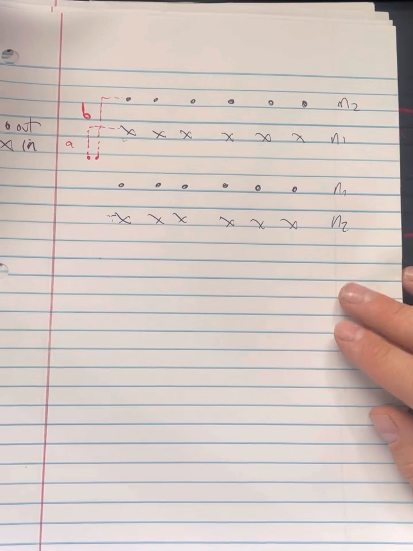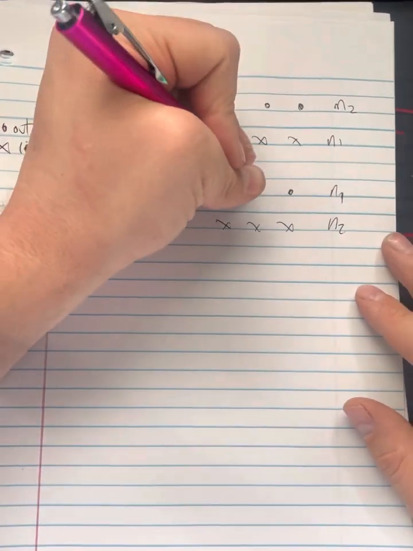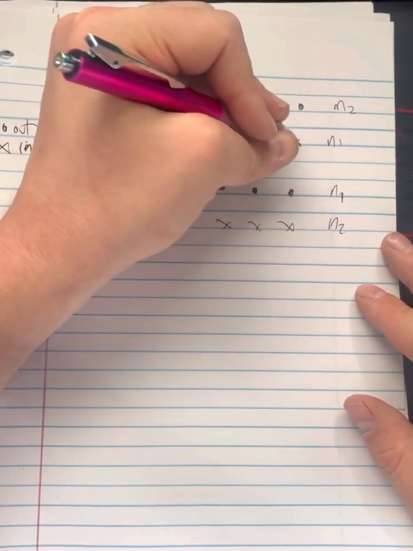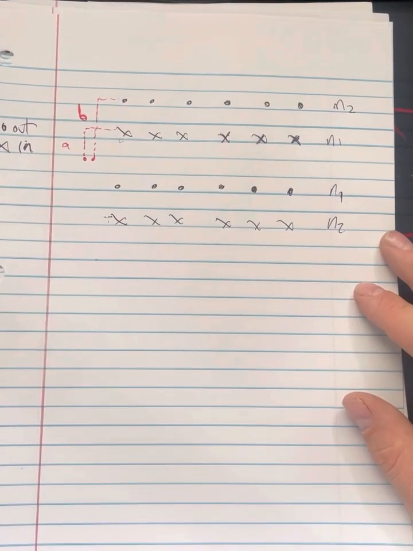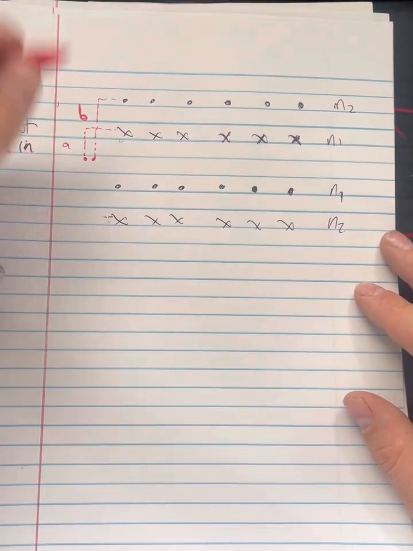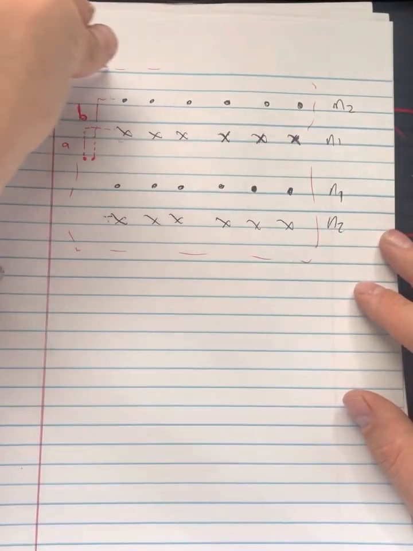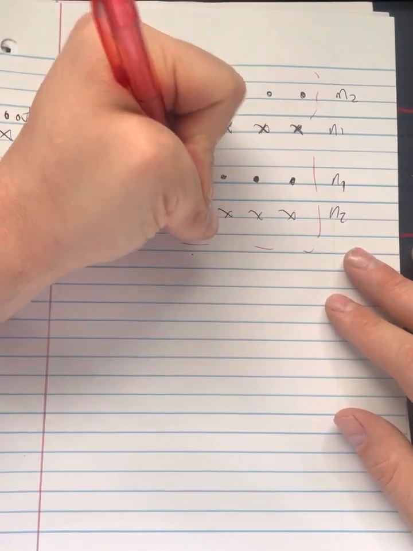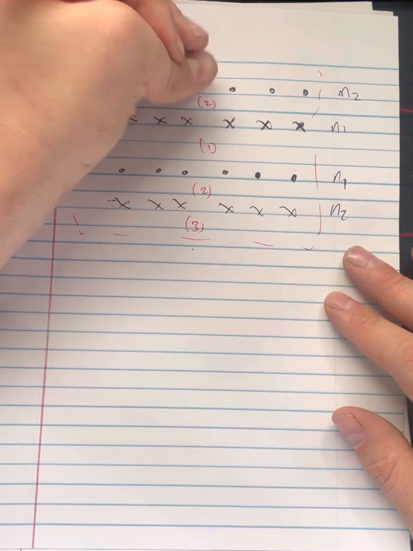And I wrote it like this because I wanted to represent two solenoids like this, so that I could apply Ampere's law. Taking an Amperian loop around the entire region, I'm going to label these regions 3, 2, 1, 2, and then 3.